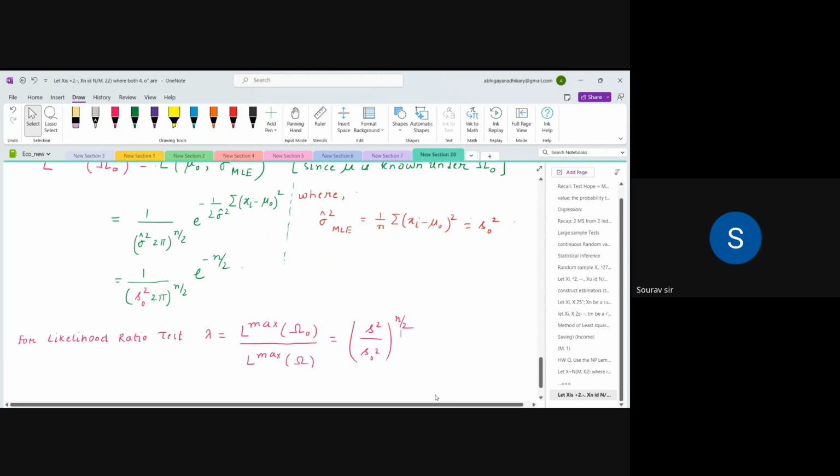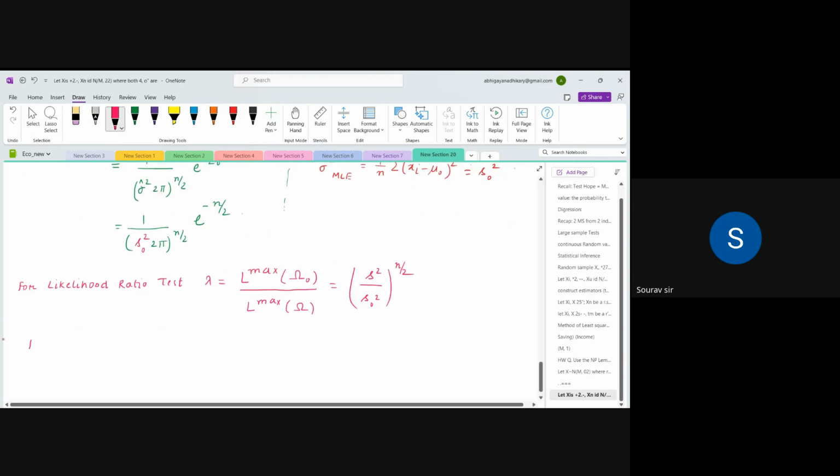So for the best critical region under the likelihood ratio test, we want to find a lambda naught such that lambda is lesser than lambda naught.